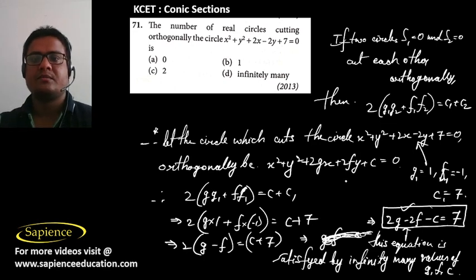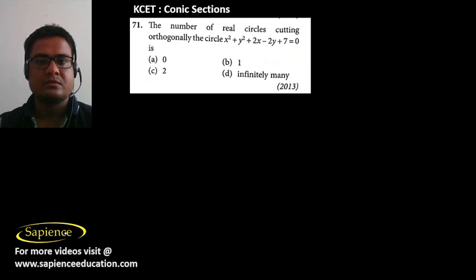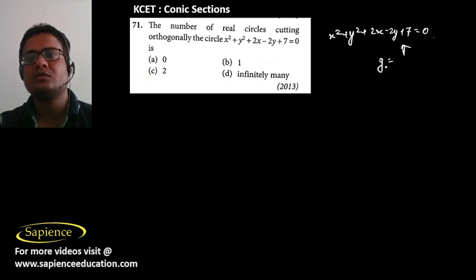So actually first we need to find, is this a real circle or not? Actually this was wrong. So here it is told that x square plus y square plus 2x minus 2y plus 7 equal to 0. So g1 is equal to 1, f1 equal to minus 1 and c1 equal to 7.